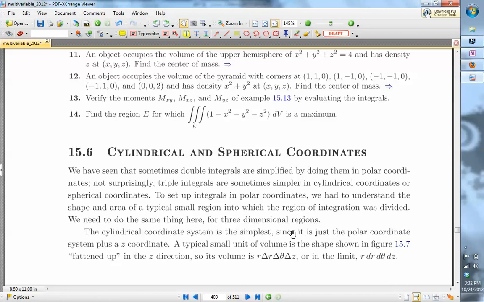Now back to the original question. Over what region of space should I integrate to make this integral a maximum? Sphere of radius 1 centered at the origin. Qualitatively, why is that the case? What's going to happen if I don't go all the way out to the sphere? I'm not getting all the positive stuff, right? And what's going to happen if I peek out of that sphere just one little bit in any particular direction?